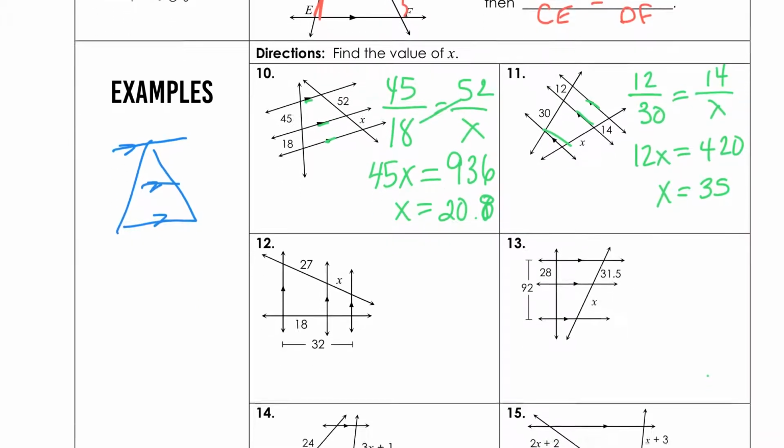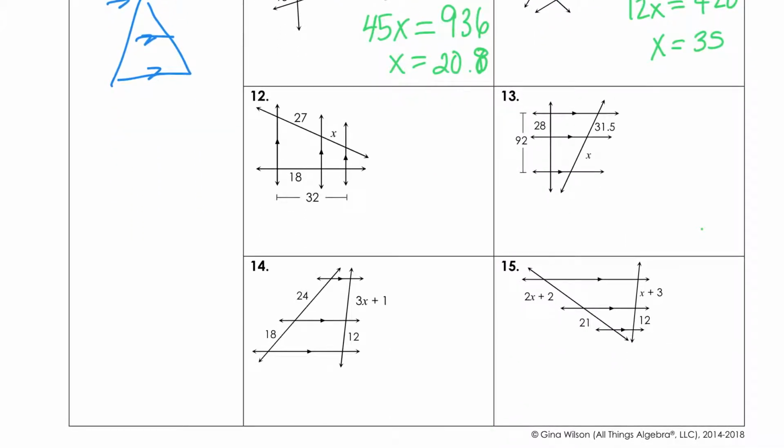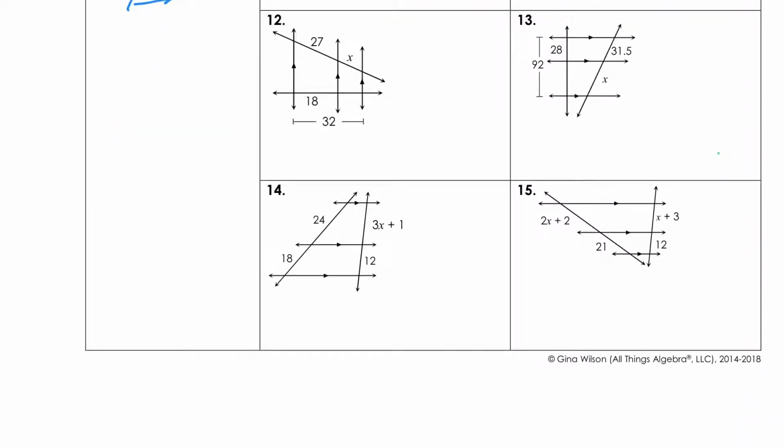Example 12, very similar, except we have to take it a step further. Notice that here, once again, parallel lines, 32 represents the whole segment. So we need to know our segment here, which would be 32 minus 18. 32 minus 18 is 14.